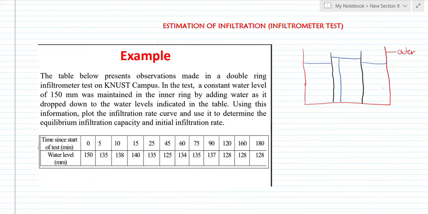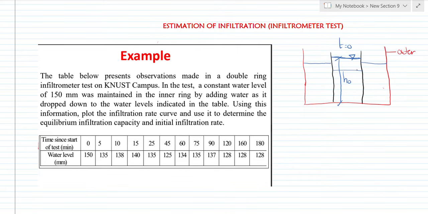The initial water level that we start with is at time t equal to 0. We always make sure that this water level is constant as we perform the experiment. When we started, the water level was 150. We time ourselves for 5 minutes. The water level dropped.